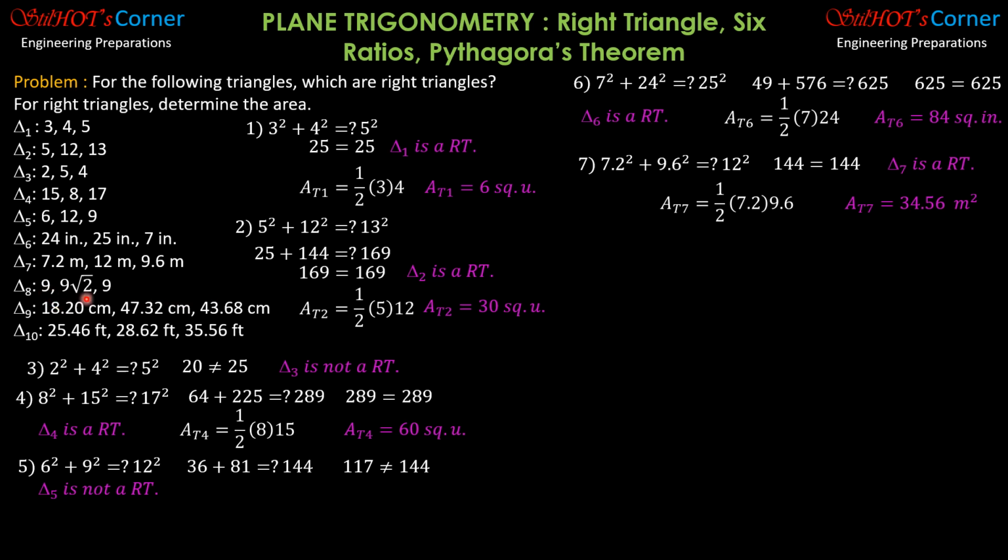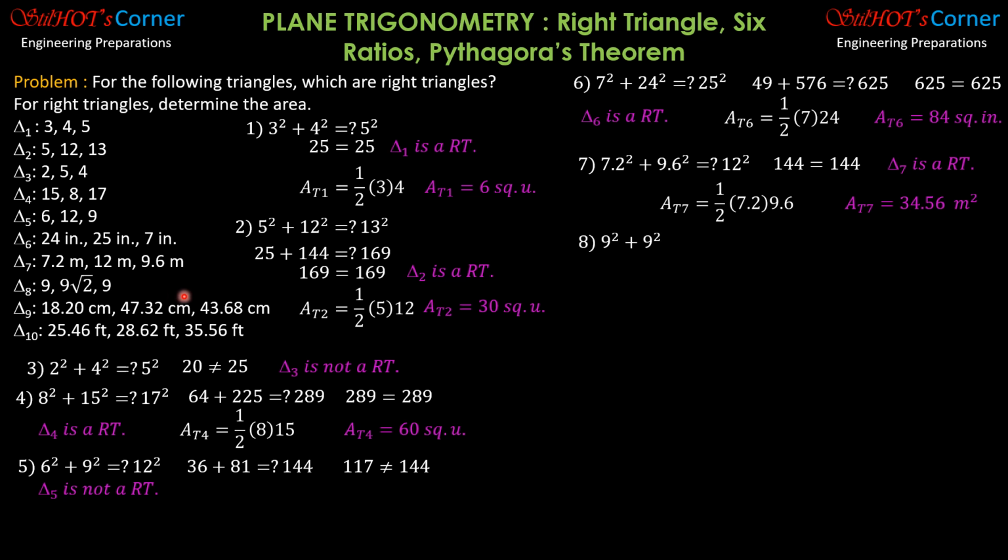The shorter sides are 9 and 9. Because two sides are equal, this triangle is an isosceles triangle. So, of course, the square root of 9 squared plus 9 squared is 9 square root of 2, the hypotenuse. In particular, this triangle is called an isosceles right triangle.